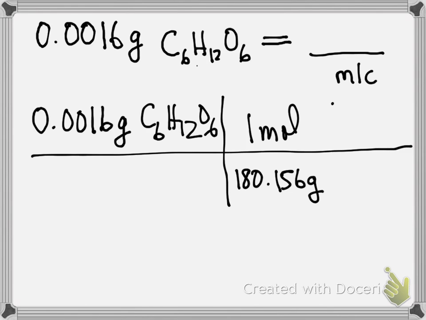Now, because I'm running out of space, I would normally write grams of C6H12O6, but I'm running out of room, so I'm not putting it there. It's there, but it's not there. So grams cancel.